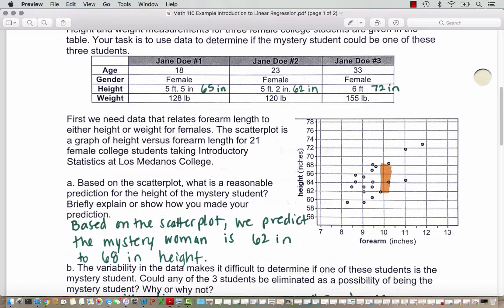So my highlighting is heights between 62 and 68 inches, and I think that captures kind of the middle range of our scatter plot heights for that part of the graph when the forearm is 10 inches. So based on the scatter plot, we predict the mystery woman is 62 inches to 68 inches in height.